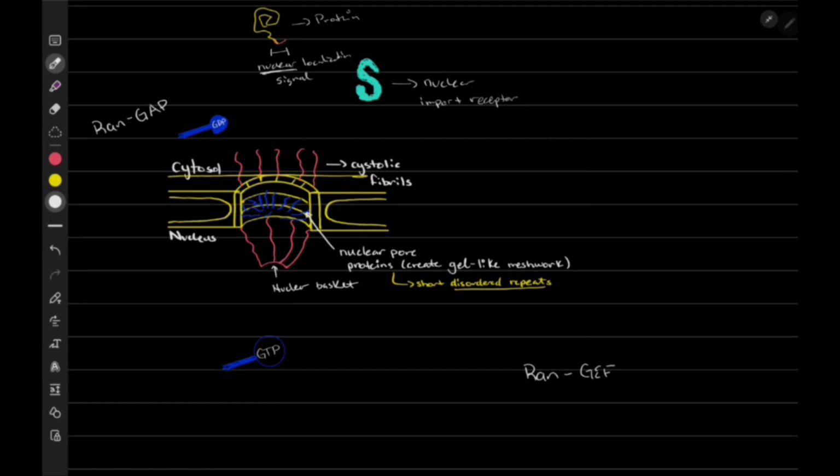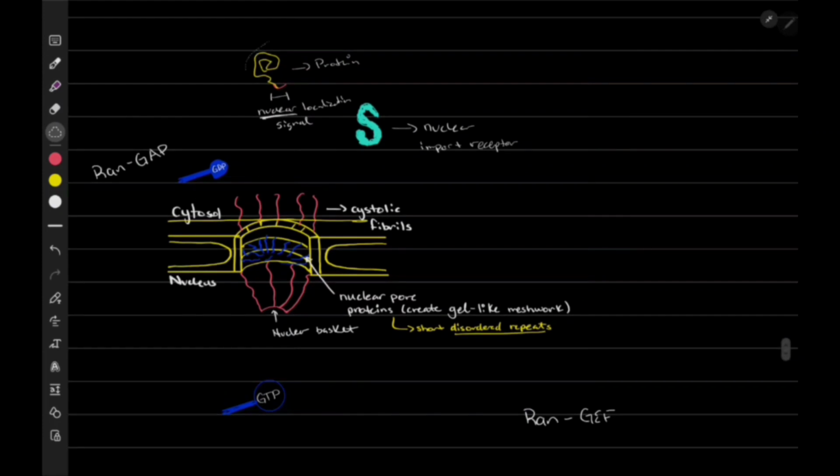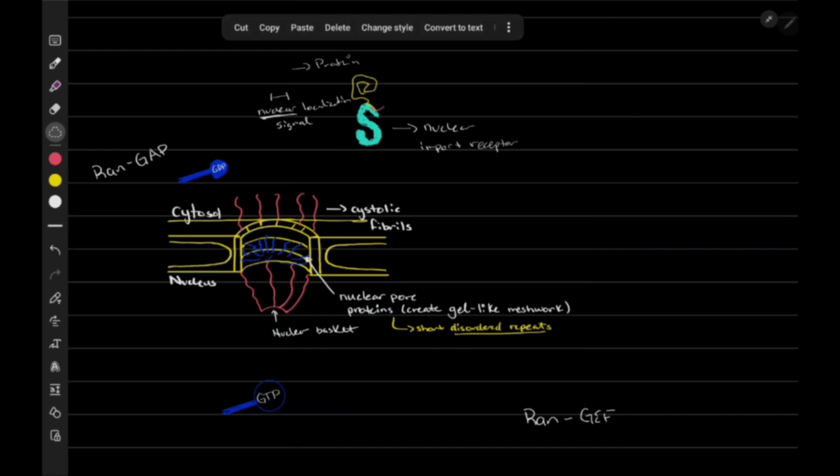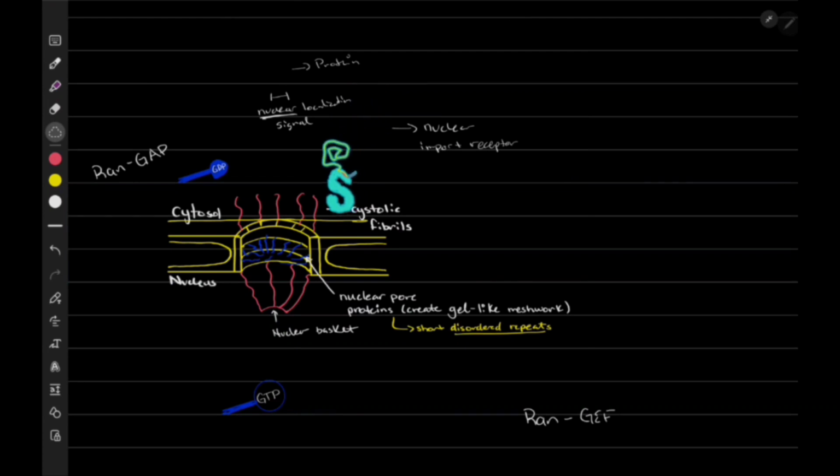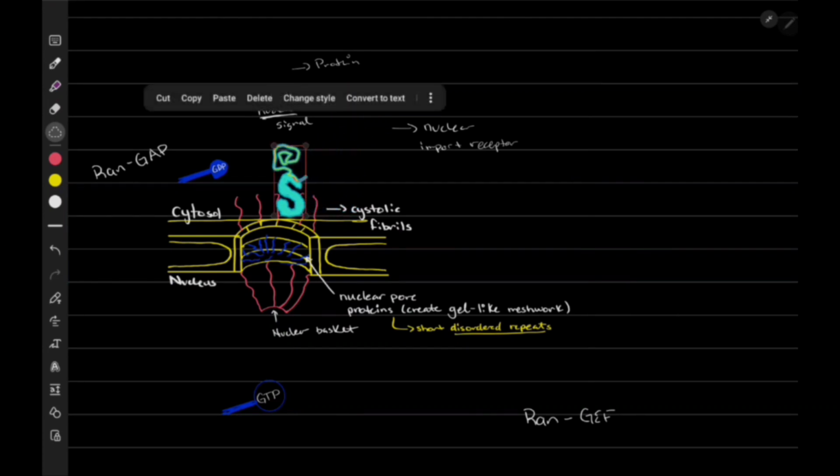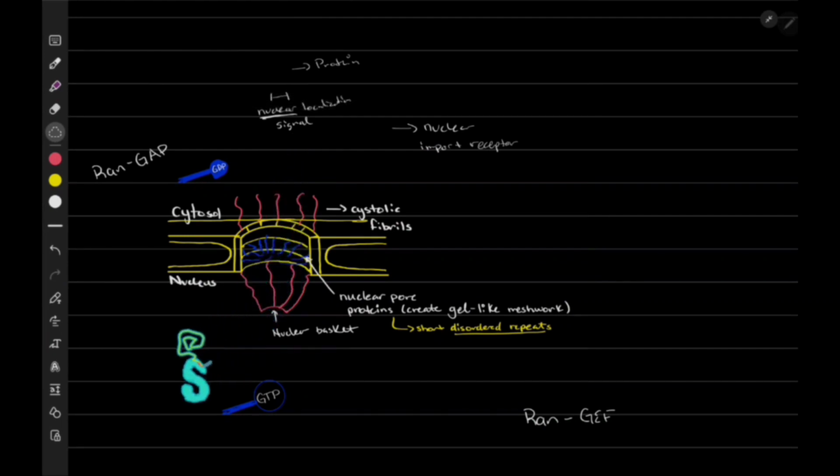This protein will bind to the nuclear import receptor, and this whole complex together will get stuck in these cytosolic fibrils that will help guide the whole complex into the nucleus and inside.